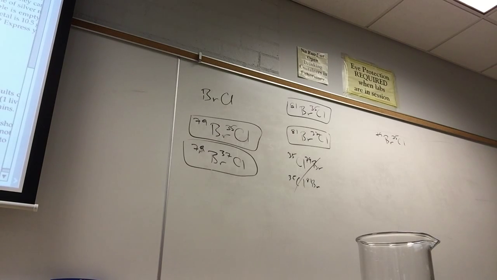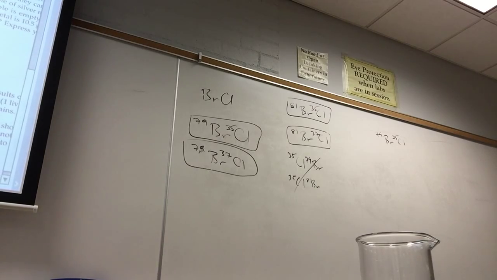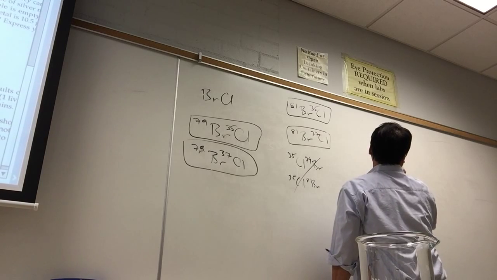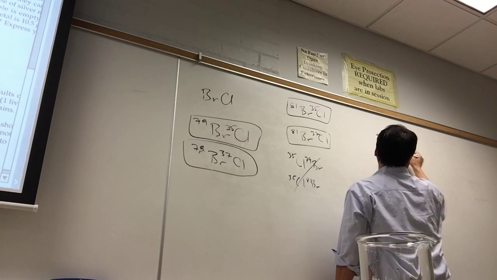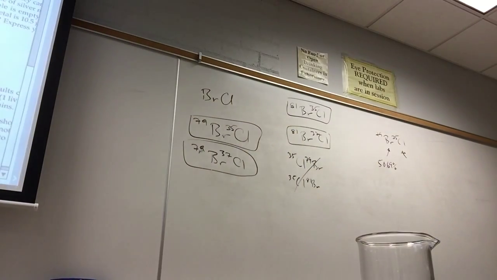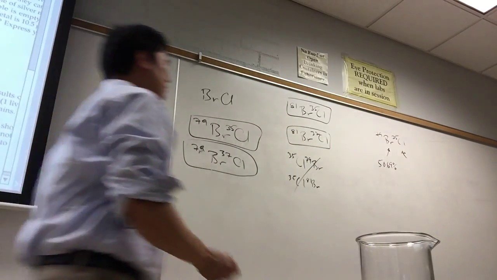Let's look at the natural abundances here. Bromine 79 is 50.69%. Chlorine 35 is 75.77%.